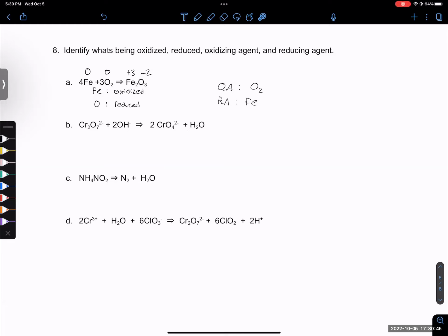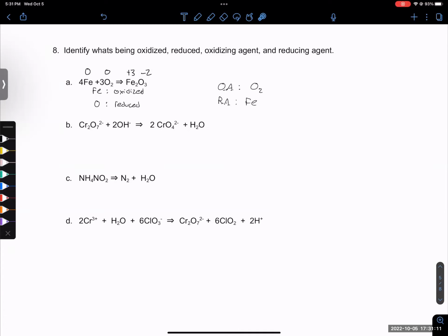If I'm the one gaining money, I'm being reduced. I'm the oxidizing agent because you're the one being oxidized and losing the money. But I'm facilitating the oxidation by saying, hey, you give me all the money you got, man. Does that make sense?